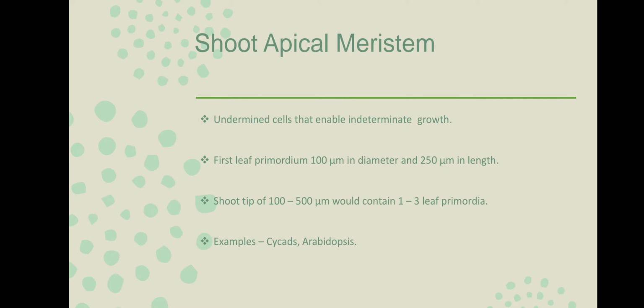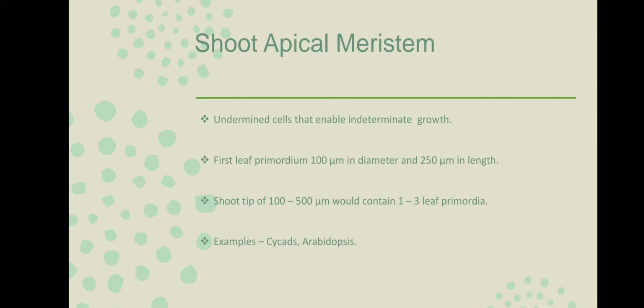If we talk about the construction, how this shoot apical meristem looks, and the size and different shapes of this shoot apical meristem, first we have to say that it has a set of undetermined cells, which we call meristem cells.